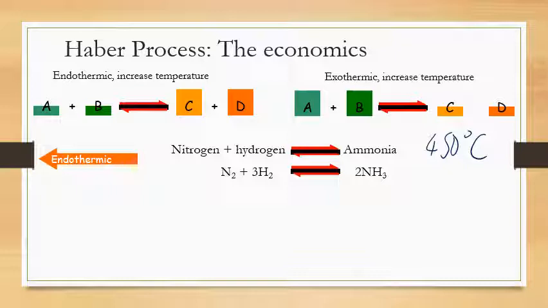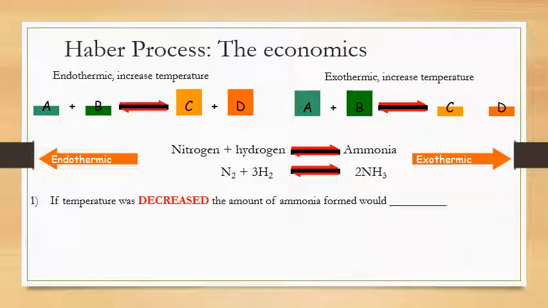However, that's not the case. The backward reaction of ammonia going to nitrogen and hydrogen is actually endothermic, whereas the forward reaction to make ammonia is actually exothermic.